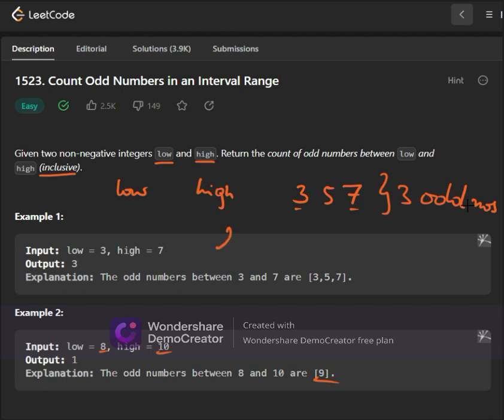The first number can be even or odd, and the last number can be even or odd: even and even, even and odd, odd and even, and odd and odd. For the first example, we have already seen the odd and odd case, and in the second example we have already seen the even and even case.